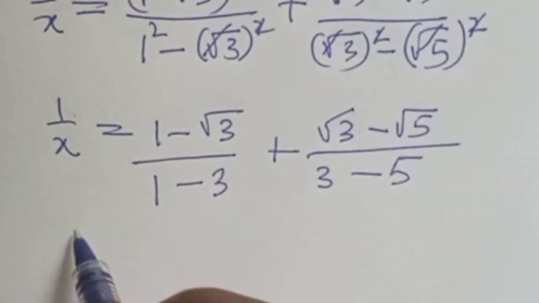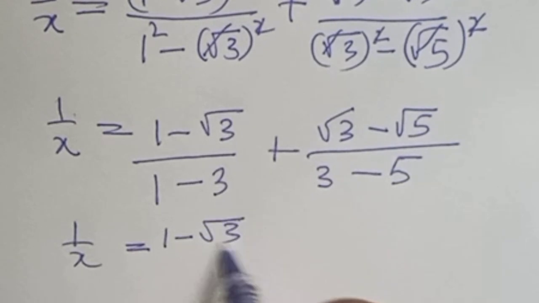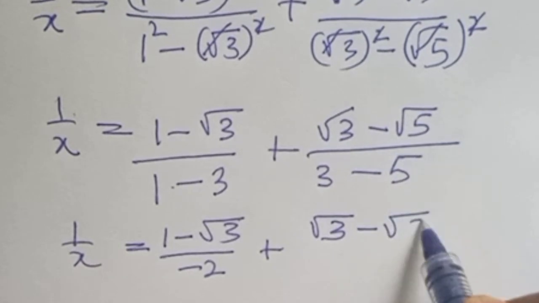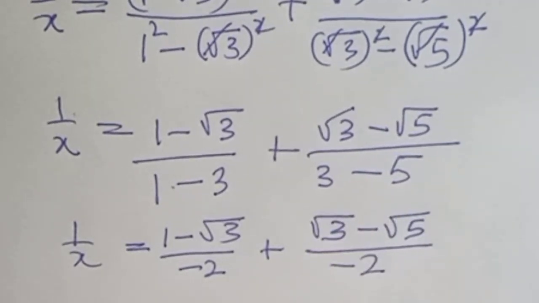So if we simplify this, we have 1 over s equals 1 minus square root of 3 over 1 minus 3, which is minus 2, plus square root of 3 minus square root of 5 over 3 minus 5, which is minus 2 also.